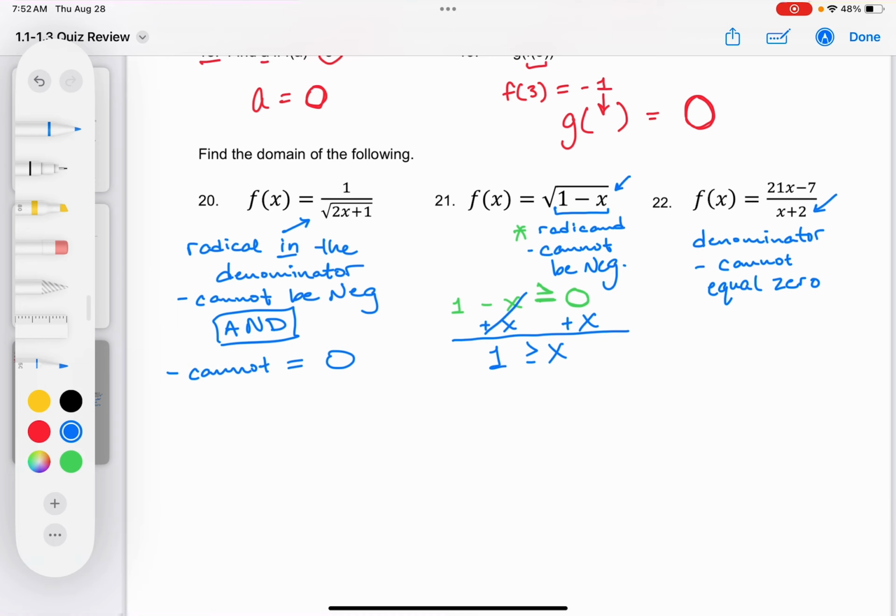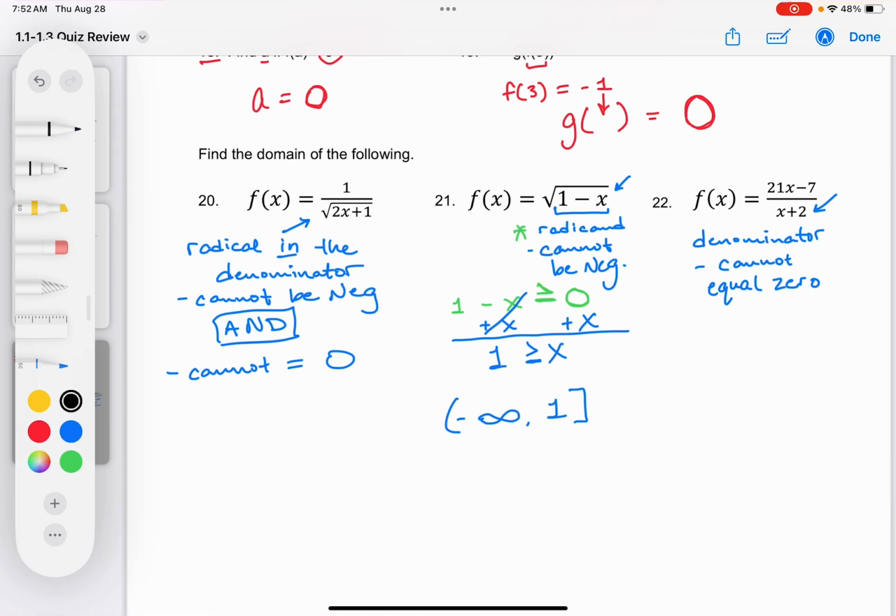If I subtracted anything bigger than 1, 2, 3, 4, 5, on and on, this is always going to be negative. But if I subtract any number that is 1 or less, I follow my rule and I'm good. Another way you could write that is x is from negative infinity all the way up to 1, and 1 is included.